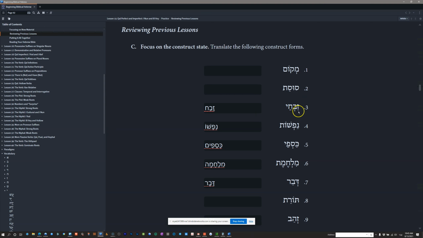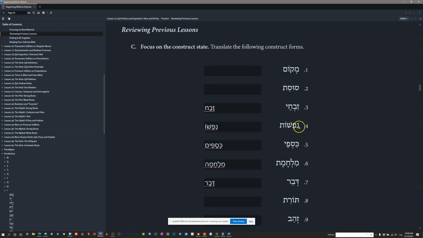If it were absolute, it would be zevachim, and then just zevach would be the singular form. So tsere yod is going to be the suffix indicating construct.